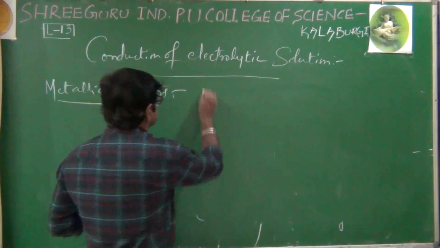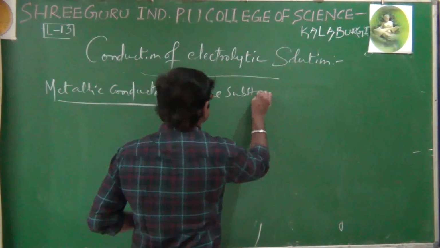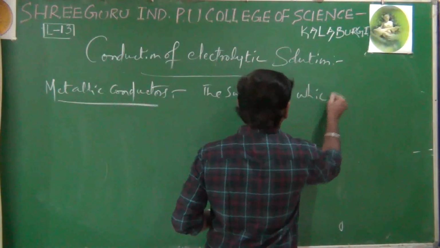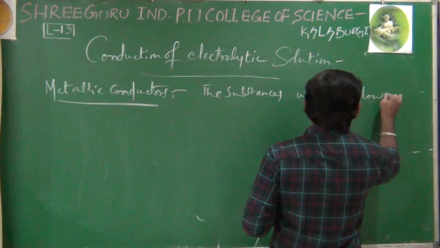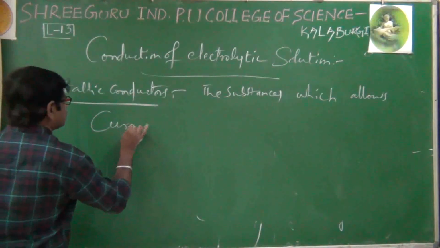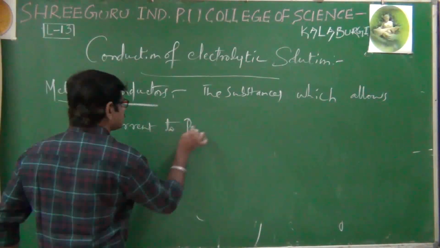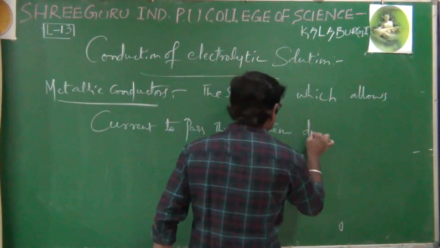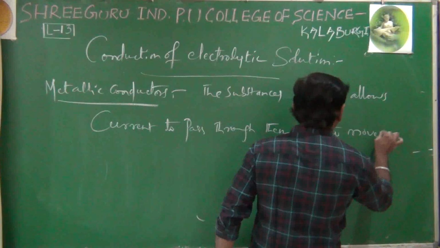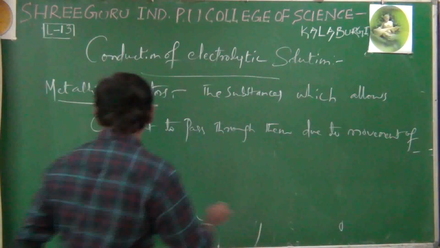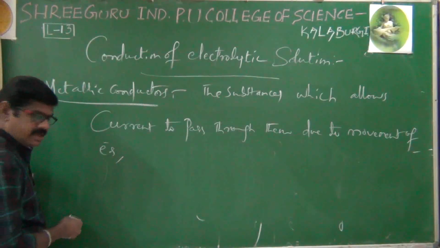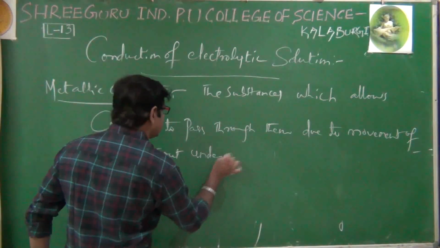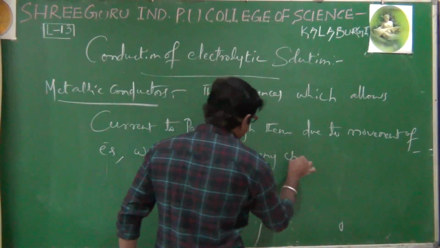So, the substances which allow current to pass through them due to movement of electrons, and here one important point is, without undergoing any chemical change.